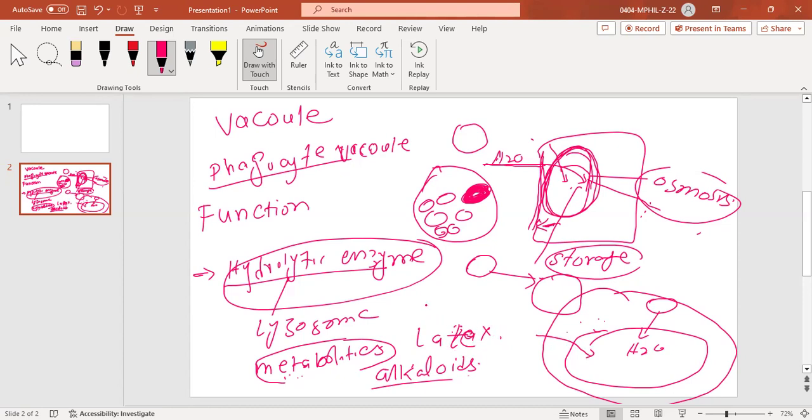Another thing is different pigments. The colors that you see in flowers and fruits are mostly in the form of anthocyanins.